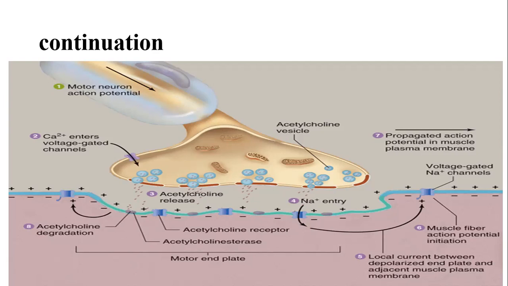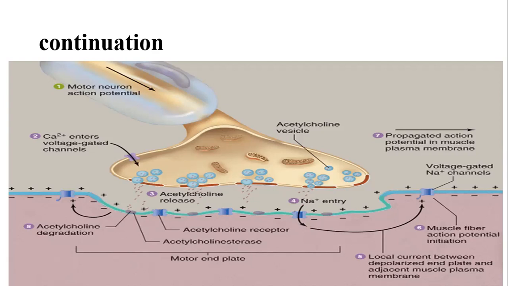Then at 7, there will be propagation of the action potential in the muscle plasma membrane. That propagation is the one that is going to go down the T-tubules, hence causing the opening of the sarcoplasmic reticulum by using the ryanodine receptors, just like that.